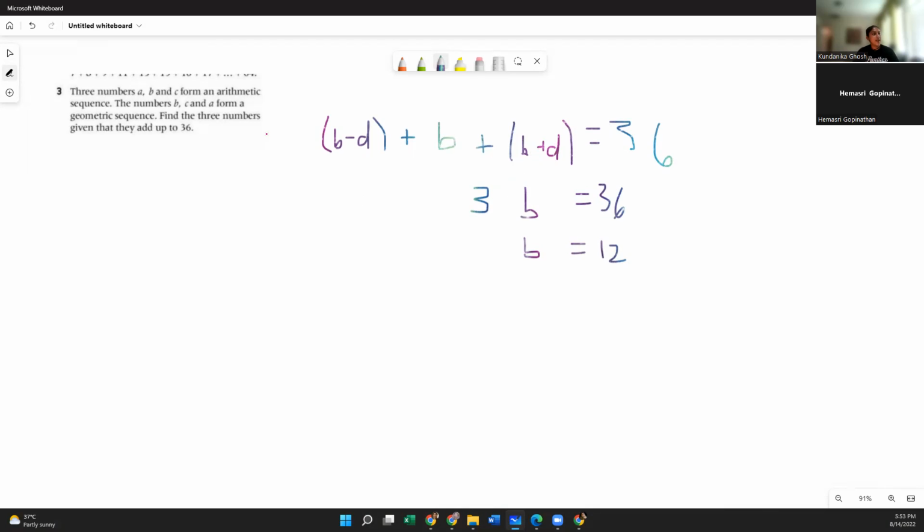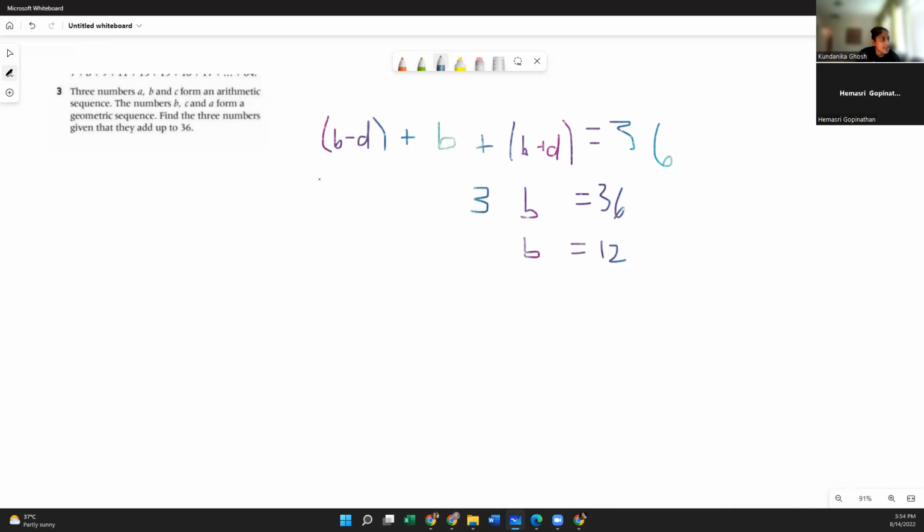So now I'm going to plug this in. To find the sum of three numbers in a geometric series, instead of using the sum formula, an easier way is to say A plus A times R plus A times R times R, so AR squared, equals the sum.